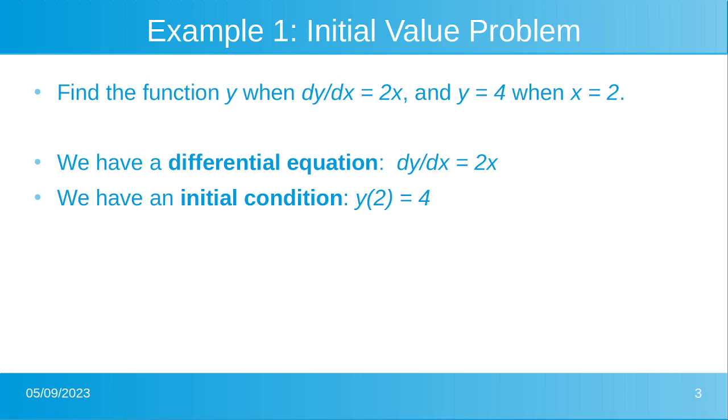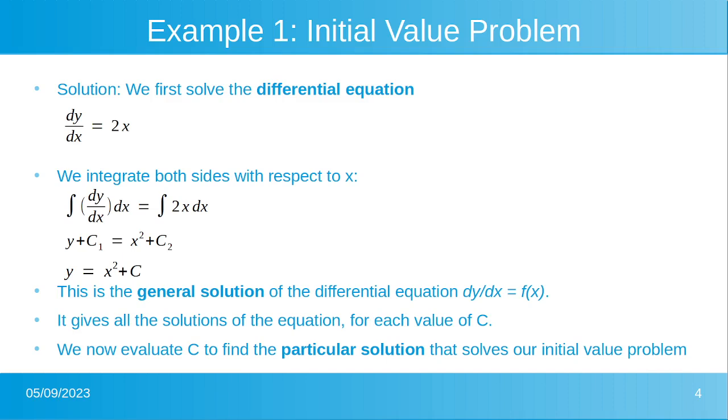So in mathematical terms, we have a differential equation, dy/dx is equal to 2x, and an initial condition. When our x value is equal to 2, our y value is going to be equal to 4. That's written here mathematically as y(2) = 4.